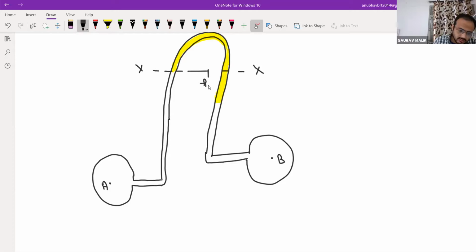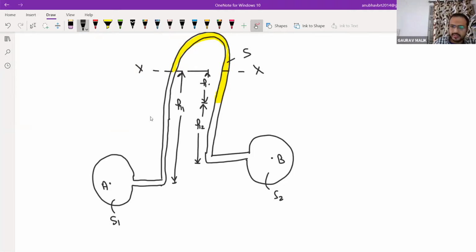Assume this is H, then this is H1, and this is H2. Suppose specific gravity S1, here is specific gravity S2, and it is specific gravity S.